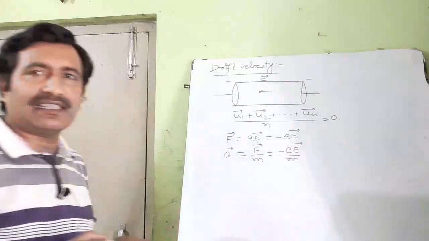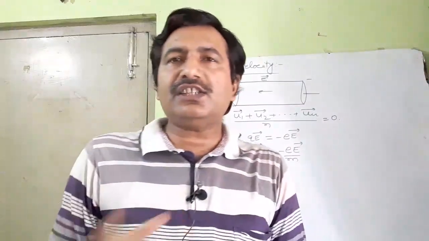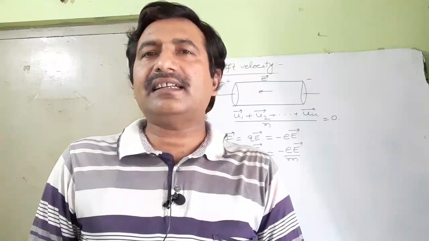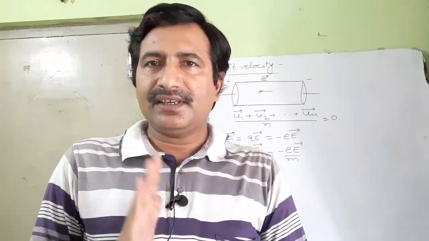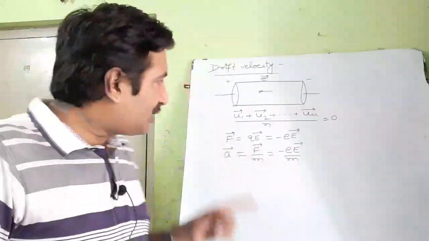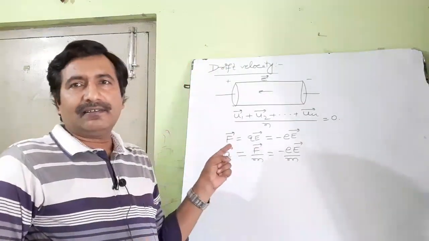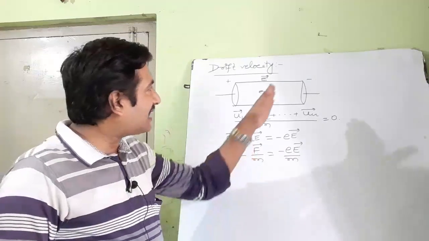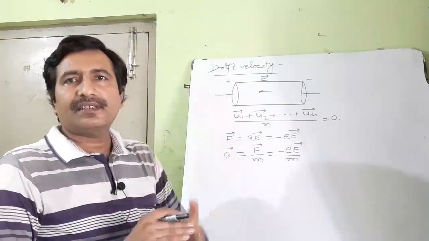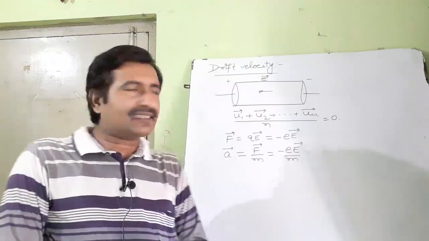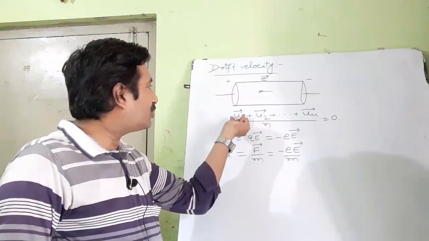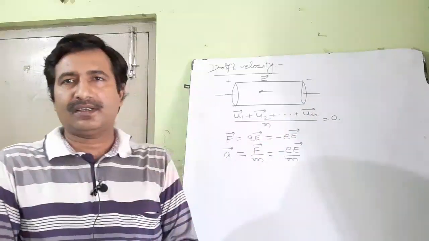This is the acceleration caused in each of the free electrons under the effect of the external electric field E. Is it clear? So each free electron will start accelerating towards the positive end of the conductor, starting with initial velocities u1, u2 and un.